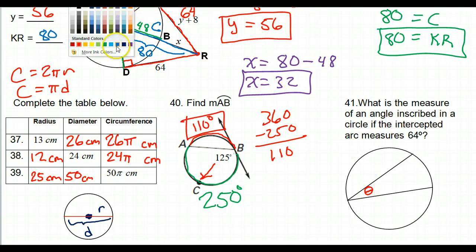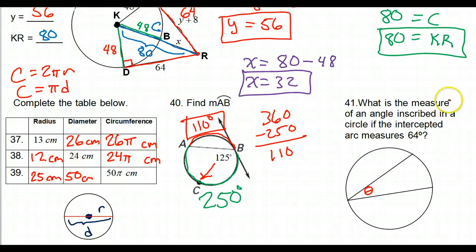If we are given the intercepted arc, and this would be the intercepted arc. Whoa, messed that up. Let me try that again. But this would be the intercepted arc over here. And we're told that the intercepted arc is 64 degrees.